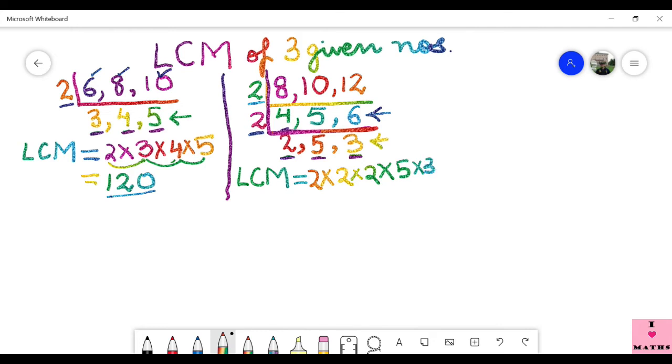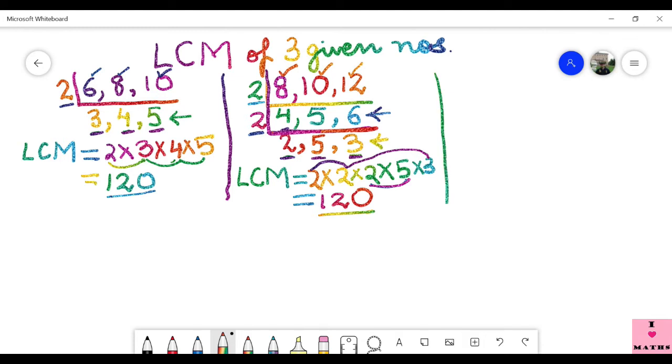Now children, whenever you have to multiply 2 and 5, 2 5s is 10. So 2 2s are 4 and 4 3s are 12. And 12 10s is 120. So beta, the LCM of 8, 10 and 12 is 120.